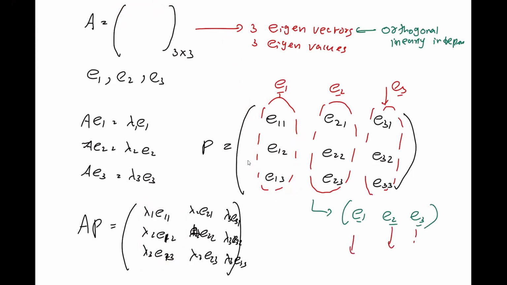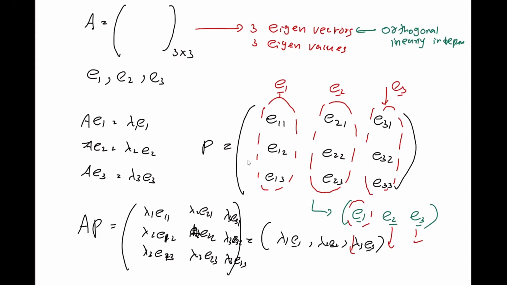Instead of writing this column as 3 elements, I just write it as the E1 vector. It means my first column is my E1 vector, my second column is the E2 vector, and my third column is the E3 vector. So this is the notation. So this matrix product I can write as lambda 1 E1, lambda 2 E2, and lambda 3 E3. So this is my matrix product after my matrix multiplication.